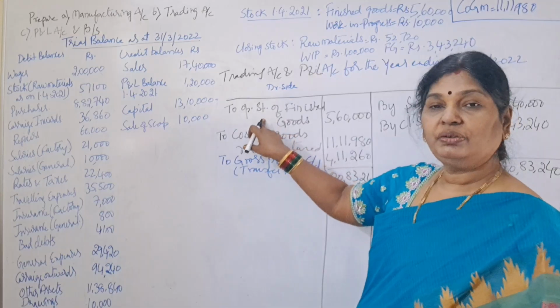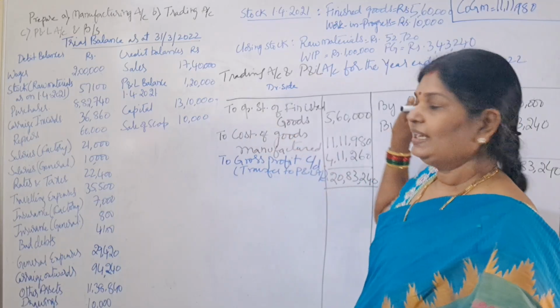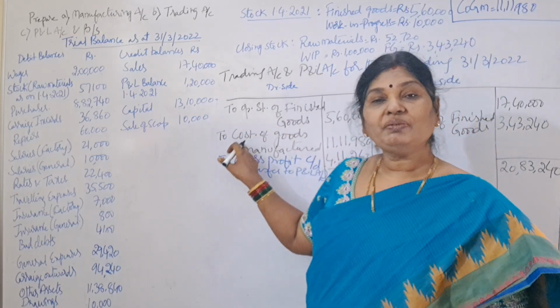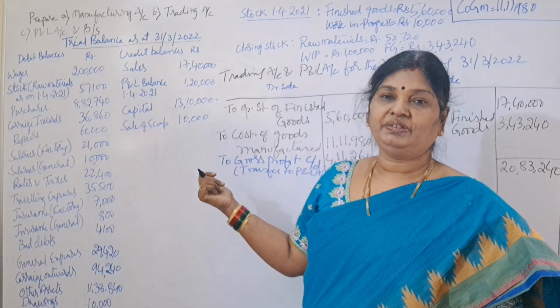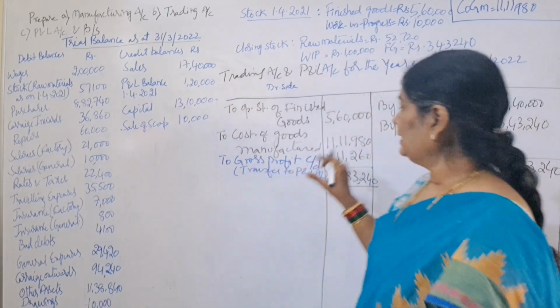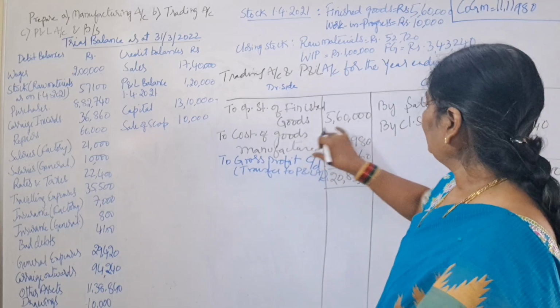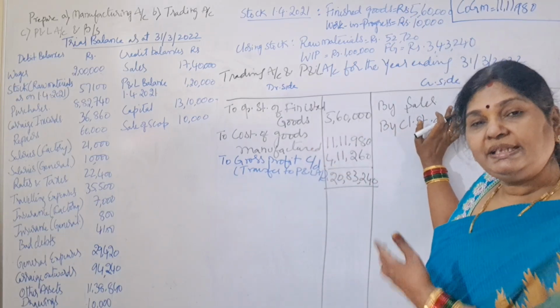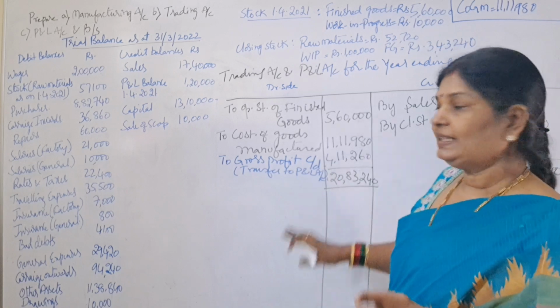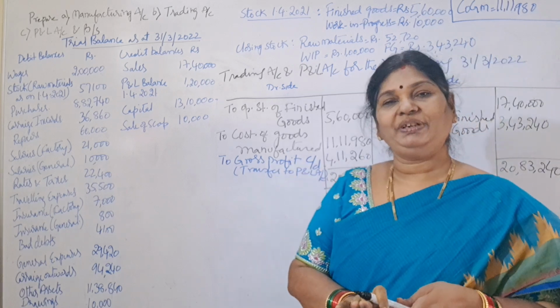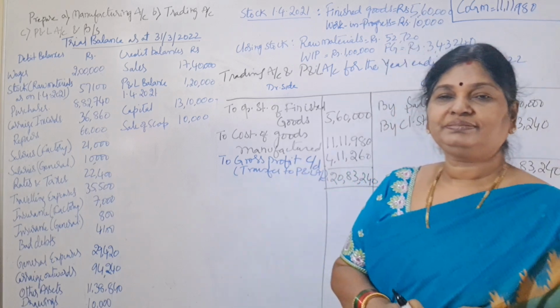Opening stock of finished goods and closing stock of finished goods. And here we will take the cost of goods manufactured that we got in our manufacturing account. That balance we'll take on the debit side, and on the credit side we'll take by sales. The difference between credit side and debit side is again called gross profit, which we have calculated here.